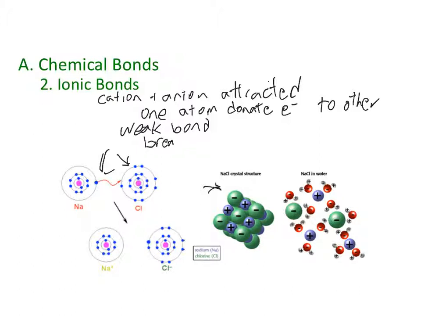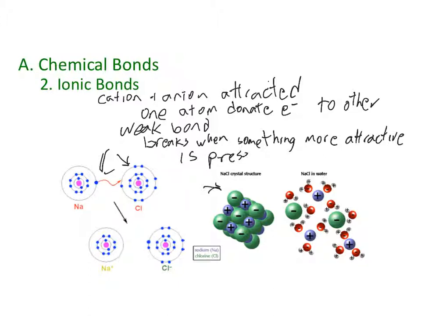It breaks when something more attractive is present, which you can see here. So here sodium chloride is dissolved in water, and the individual chloride ions and sodium ions have been broken apart and are now interacting with the water molecules.